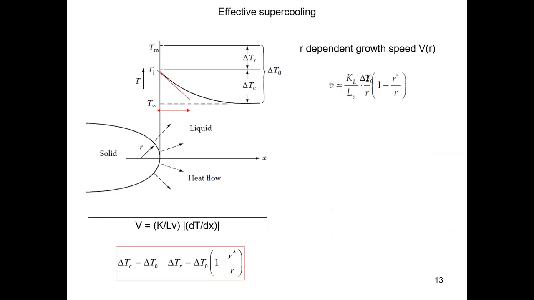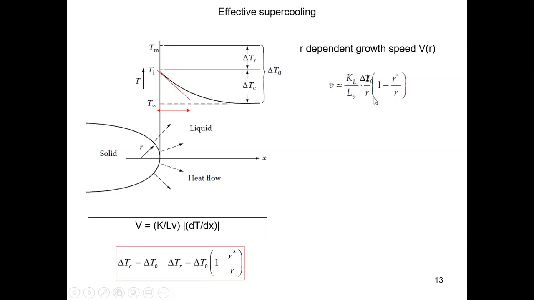If we look at this expression more closely, first we see that if the radius is too large, it's not good. If the radius is very large, we definitely have very good supercooling, which gives us a large driving force, but we have a very small temperature gradient.